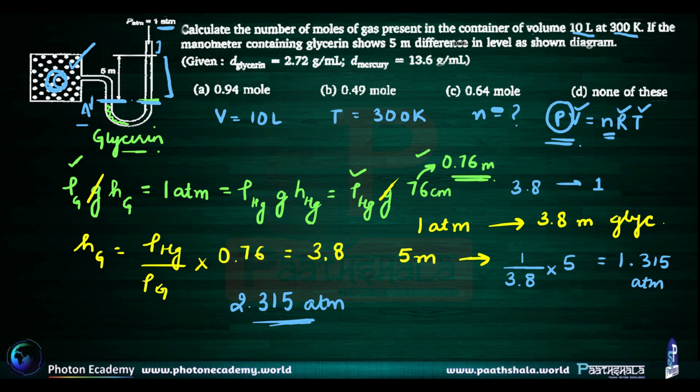Now plugging in the values of P, V and T to find n, we have n = PV/RT, with P as 2.315 times V, which is given to be 10 liters, divided by R, which is 0.082, times T, which is 300.